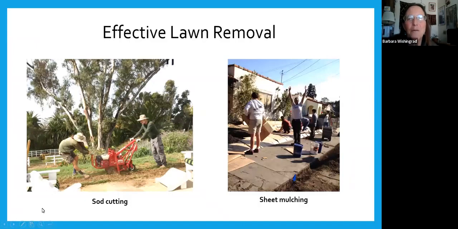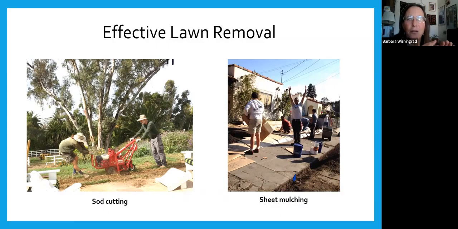So here are some effective lawn removal tools that are natural. And just so that you know, the data shows that chemical removal of lawn is not the most effective. And there are many reasons why we wouldn't want to use chemicals: bad for the environment, bad for our own health, bad for our pets, our children. So sod cutting and sheet mulching are 2 ways that are effective lawn removal.